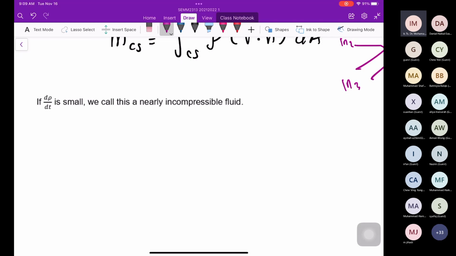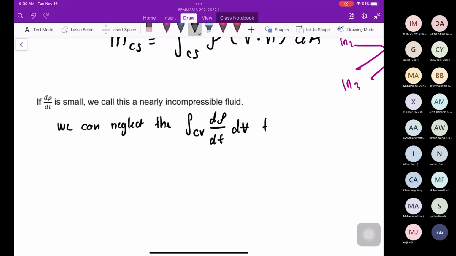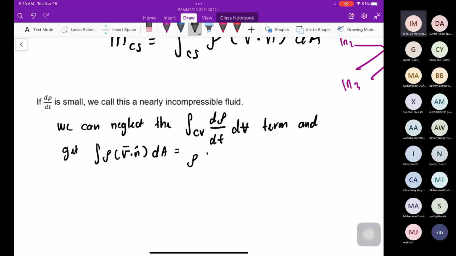So we can neglect the change of density in the control volume dV term.